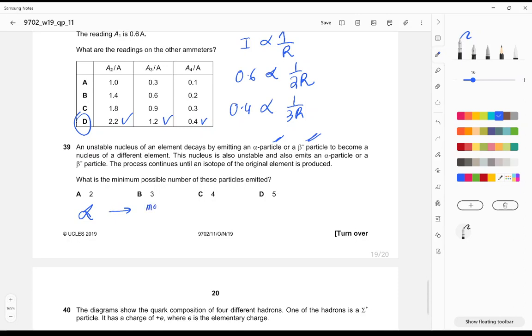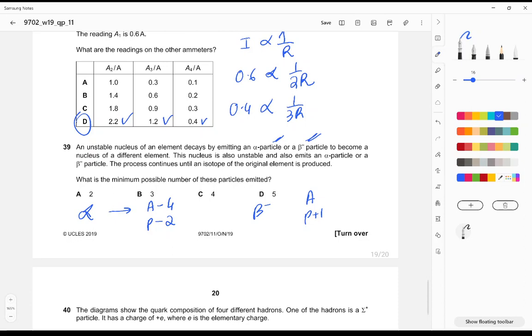That means the nucleon number, I'm going to represent nucleon number by A, becomes A minus 4, and the proton number, represented by P, becomes P minus 2. This is for alpha emission. For beta negative, the A number doesn't change, A remains the same, but the proton number increases by 1. So we need to work this out so that we get the same element again, the original element is gained.